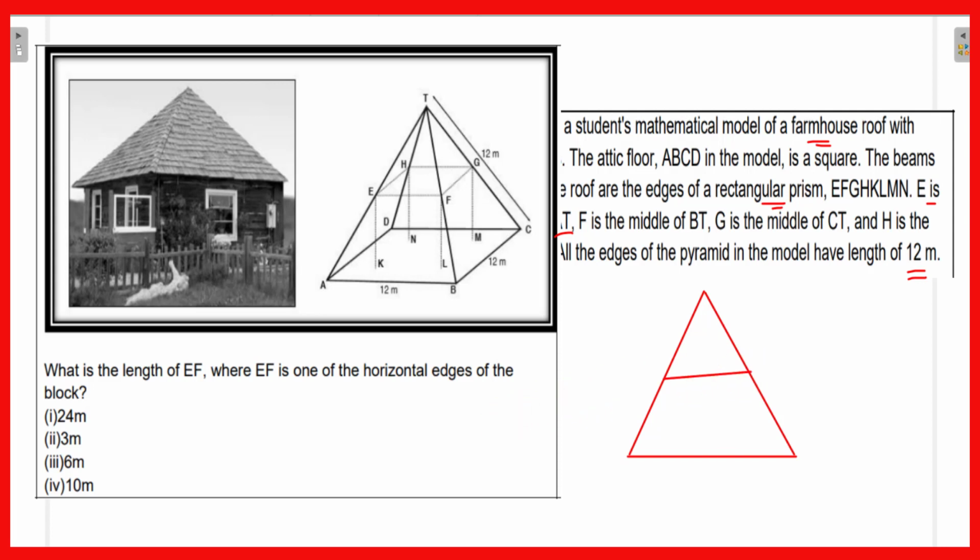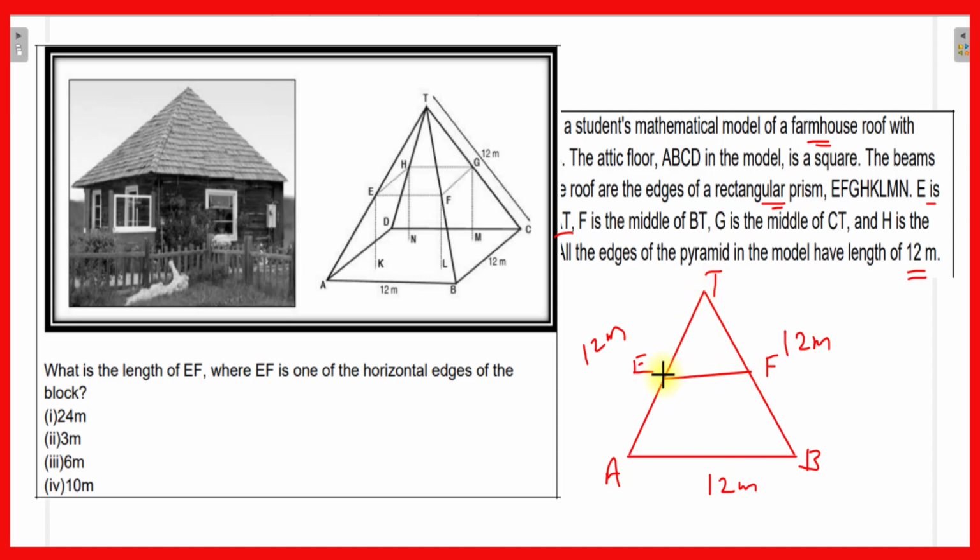You know that this TA is 12 meter, this TB is also 12 meter, and this is also 12 meter. And you have to find EF.